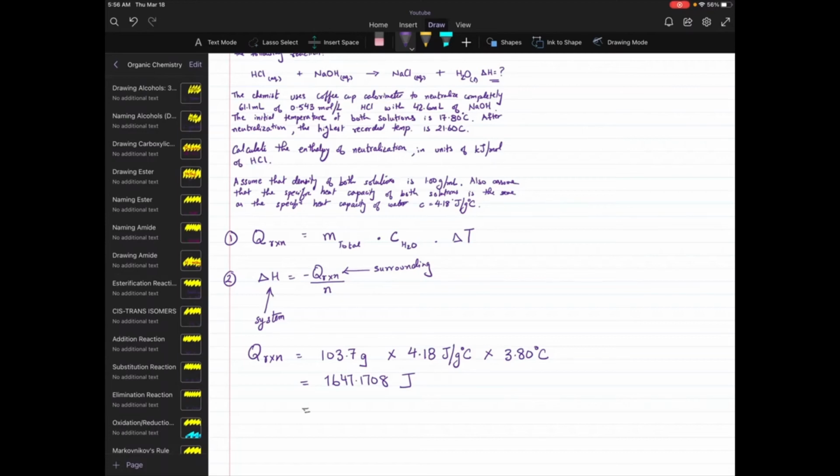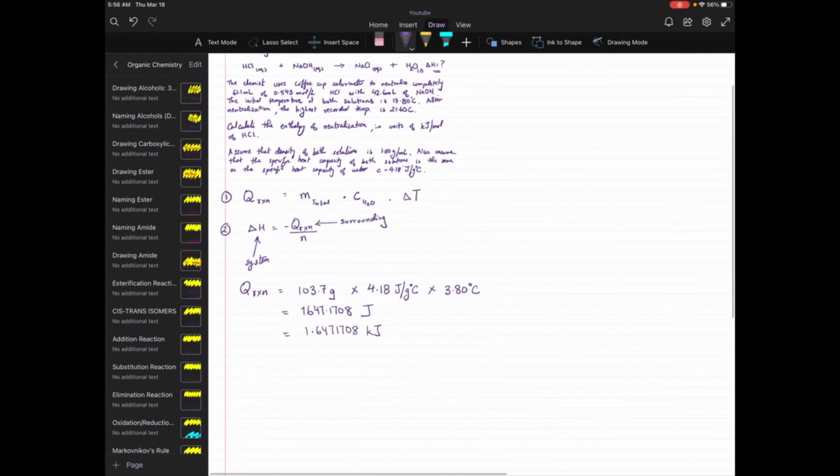So this is going to be equal to 1.6471708 kilojoules. Just dividing by 1,000, right? We got 1.6471708 kilojoules of energy that was released in this reaction. Now, the first part is complete. We have found the Q for the reaction.